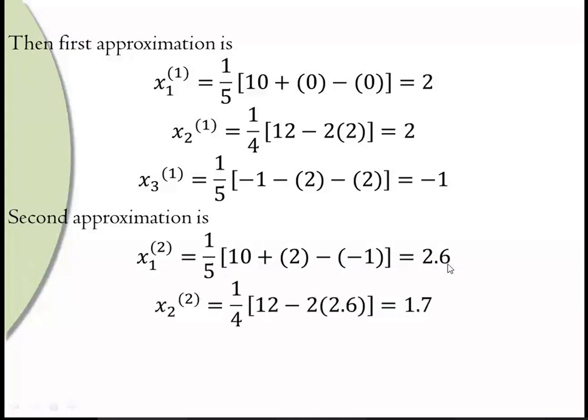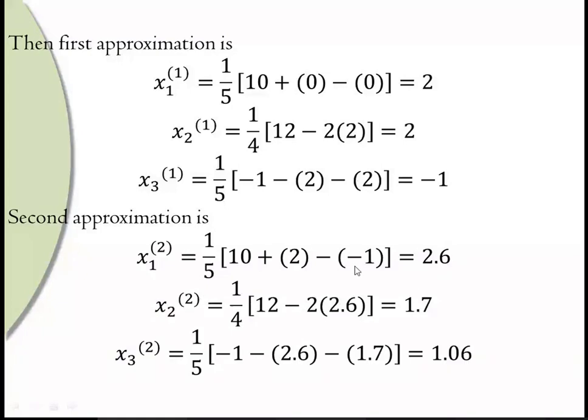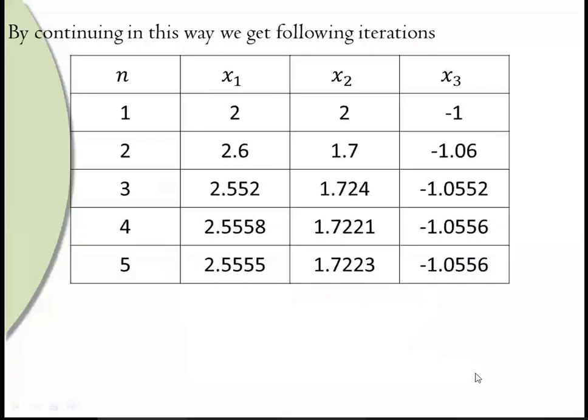For x2, use new x1 and old x2, x3, we get this. For finding x3, use new x1, x2. Okay, we get this. And then similarly, to do the calculation, I put it into table form.